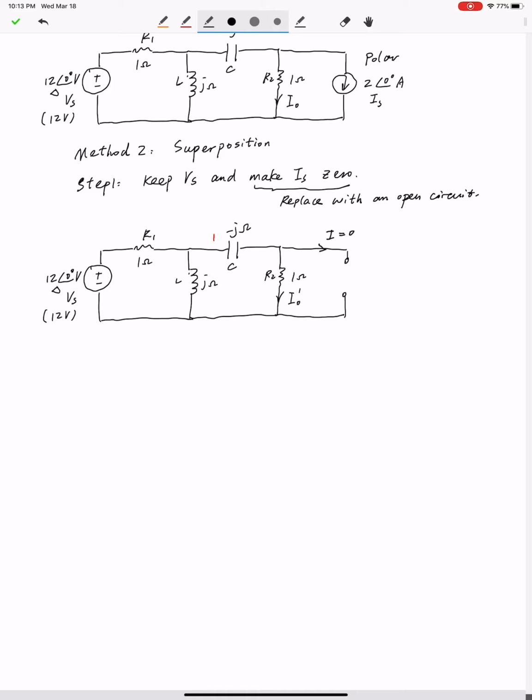So we can combine C and R2 together. And since they're connected in series, we can just sum them together.